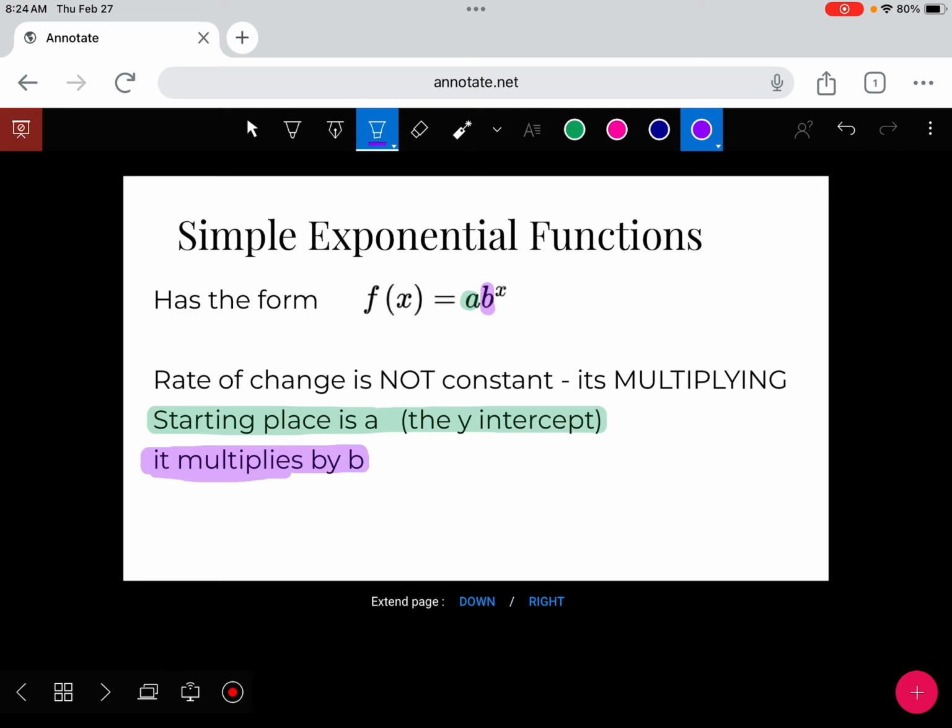We'll talk about that in a little bit. But we're going to look at things in just a second. Let's talk about how we can tell whether it's going to get bigger or get smaller. But our starting place is our y-intercept, and that's our a. And our multiplying, or how it's changing, that's our base, that b that has the exponent on it.